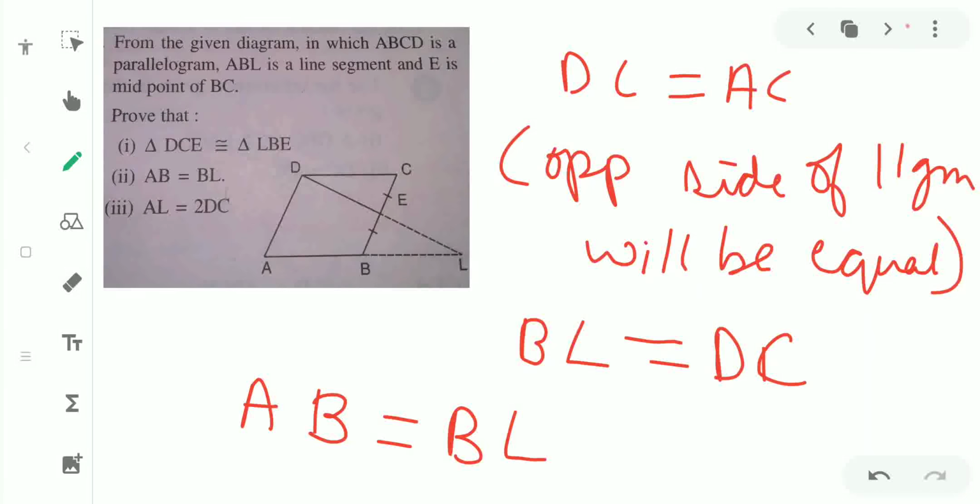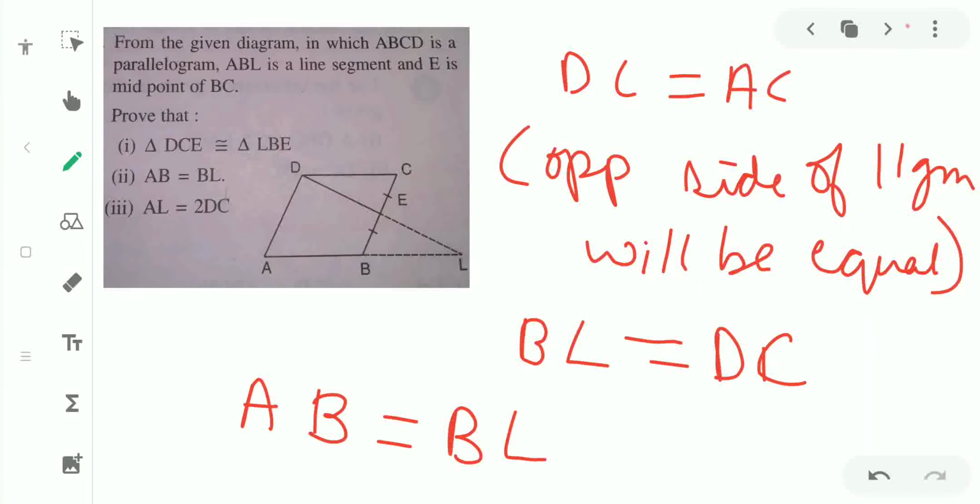And now last we are having AL is equal to 2DC. They are asking to prove AL is equal to 2DC. So how to prove AL is equal to 2DC? Just carefully observe the diagram.